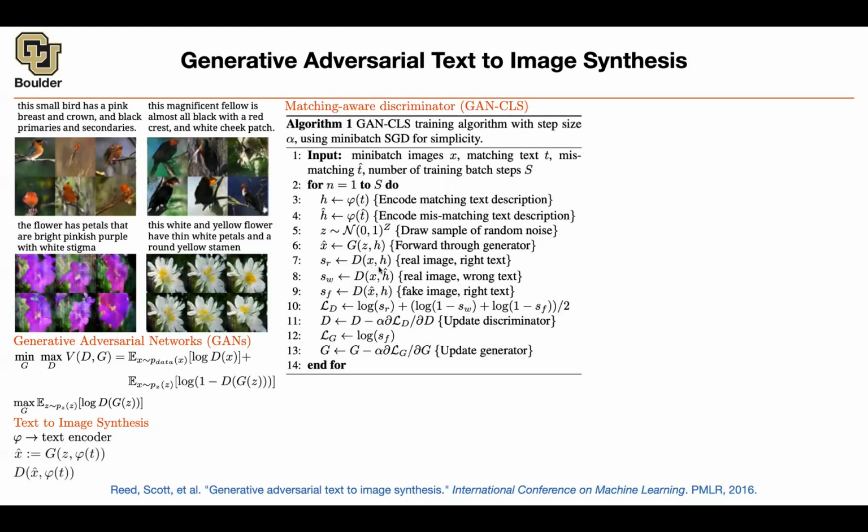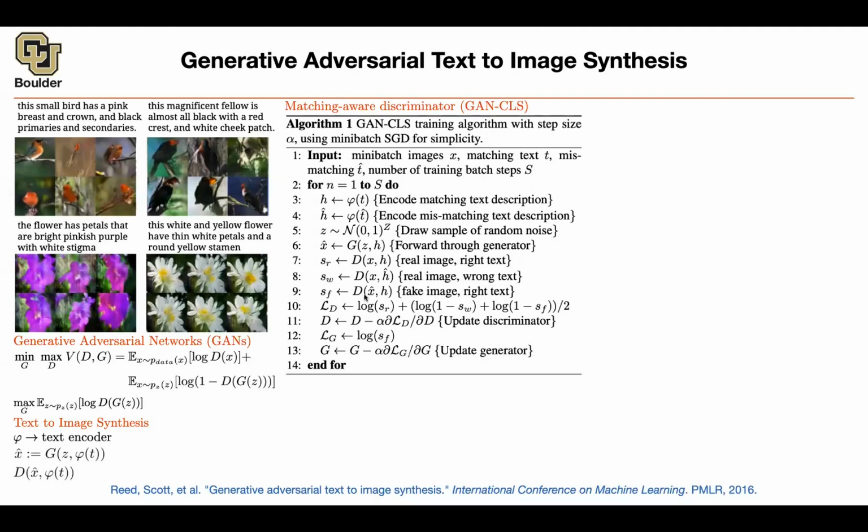If you have the real image and the corresponding correct text, it's going to give you SR. This probability you want to maximize, so that's going to go inside this log of probability. You have the correct image and the wrong text. It's going to give you SW. That probability you need to minimize, which is equivalent to maximizing the log of 1 minus that score, because this is the wrong association. You want to penalize that.